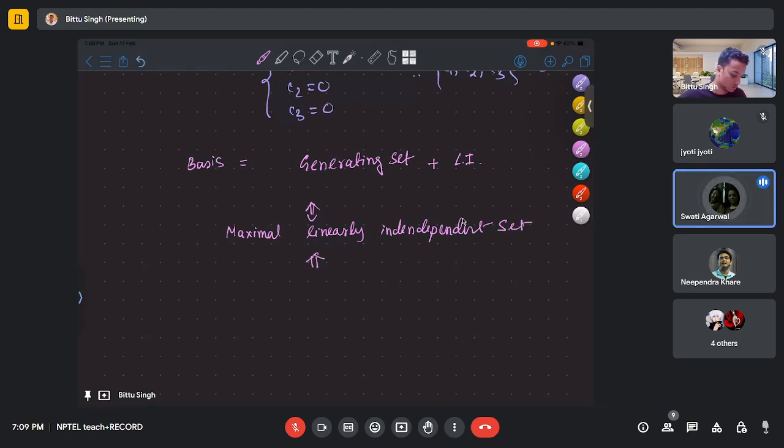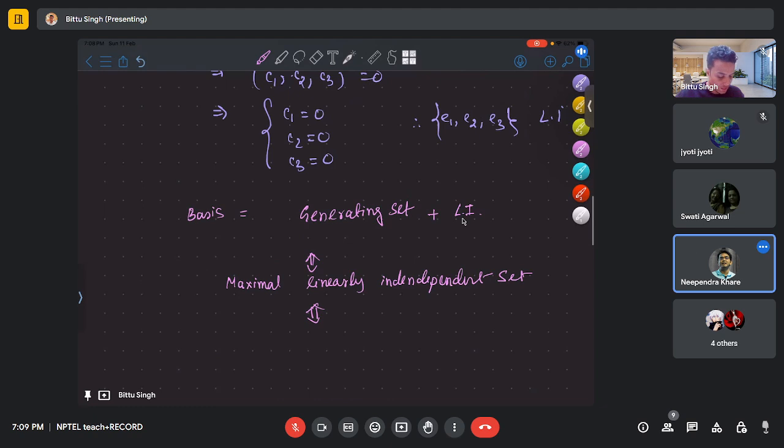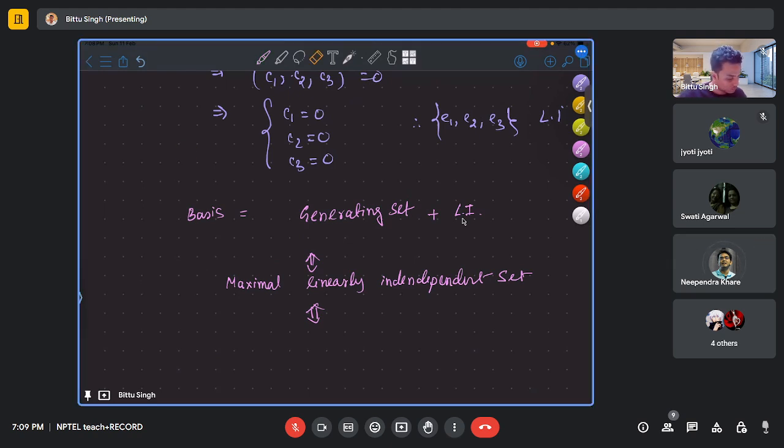And Sir, the question was, what is a generating set? Not very clear. A generating set means a set which spans the vector space. That is, take any element V from the vector space, and suppose the basis is given by the vectors alpha 1 up to alpha n, then V can be written as a sum of those vectors.